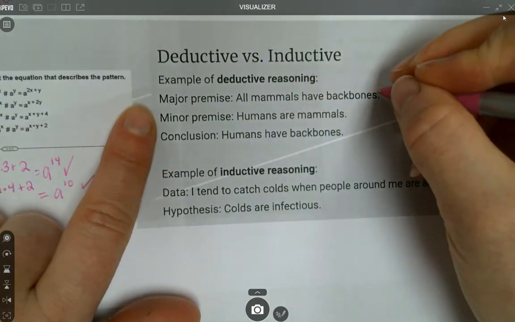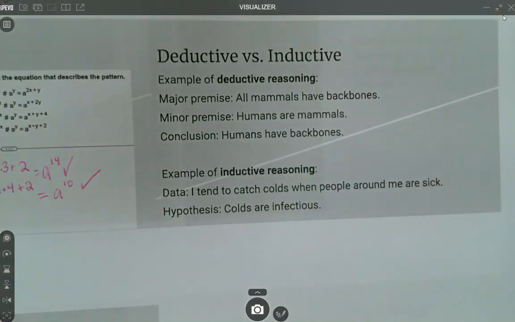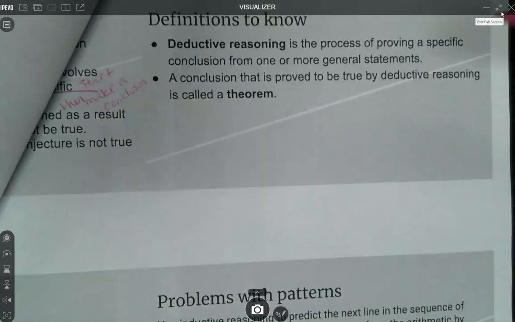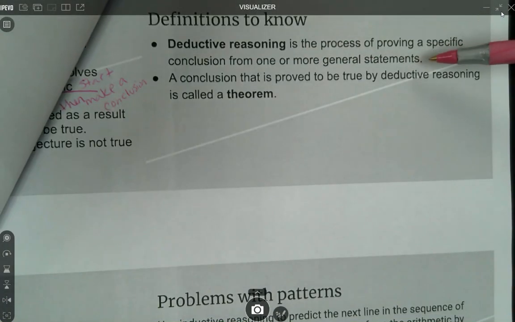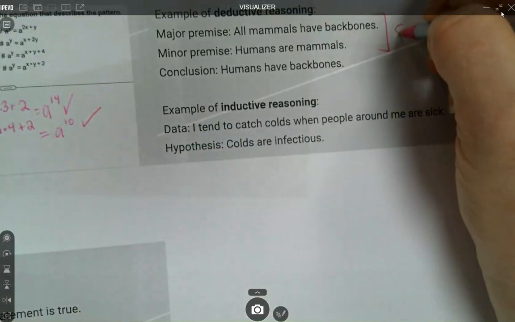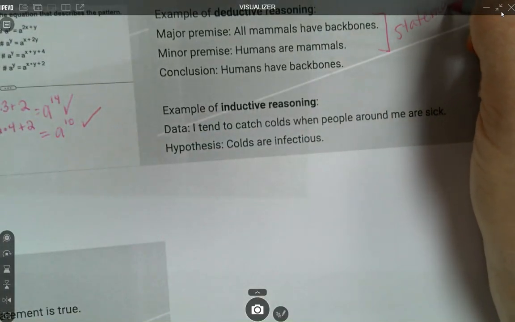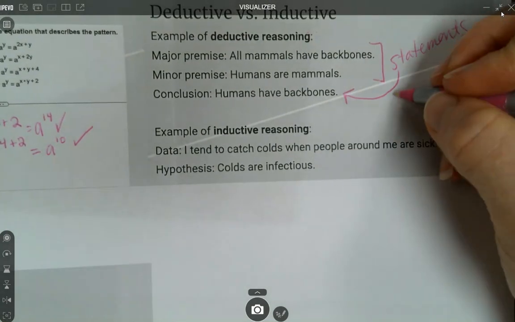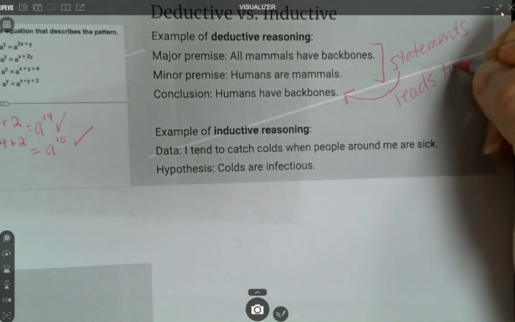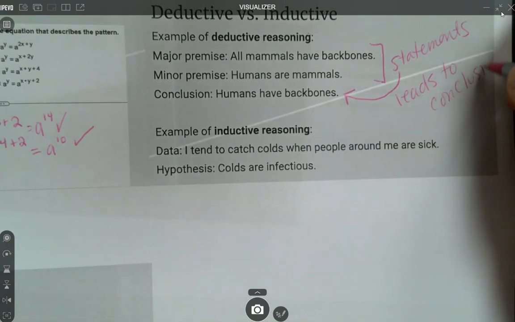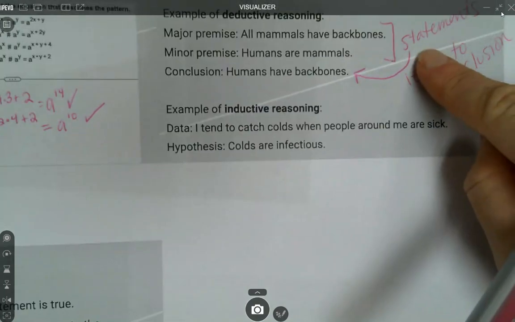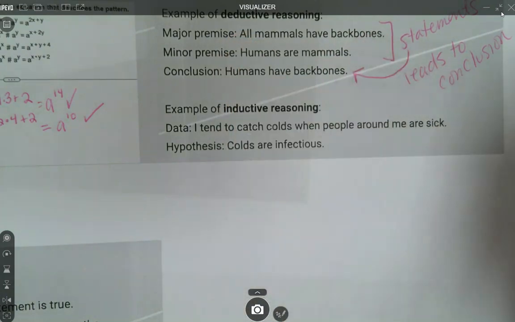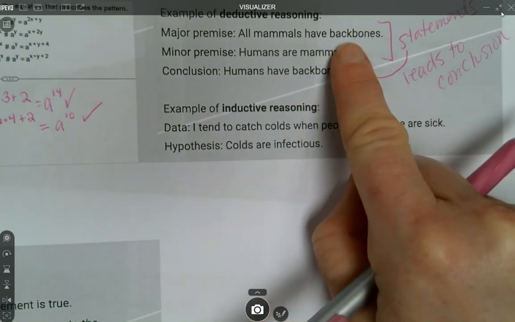Okay, so you have two specific statements which lead to a conclusion. And these are true statements. That's a fact. It's backed by data, backed by science, I guess I should say.